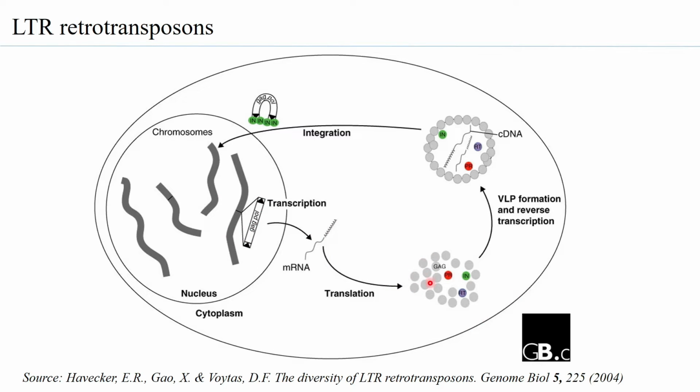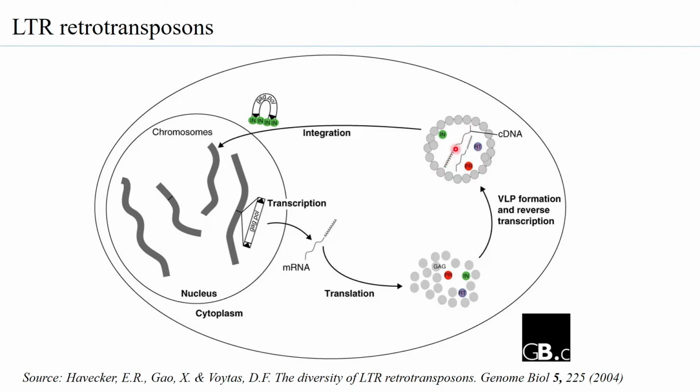So you get the GAG protein, you get the reverse transcriptase, you get the RNase H, you get the integrase. All of these proteins are formed in the cytosol, and once formed, they assemble into what are called viral-like particles. So they're not really viruses, but they are viral-like particles. And within the viral-like particles is present the mRNA, which is then reverse transcribed by the reverse transcriptase to give rise to cDNA.